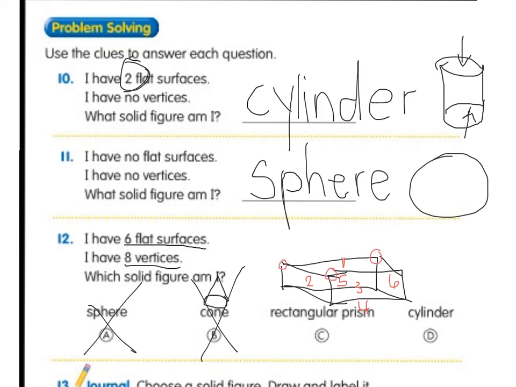And then vertices, 3, 4, 5, 6, 7, 8. So it must be that rectangular prism. Because if I would have kept going, looking up here, cylinder only has 2 flat surfaces. So no, that one would not be right either.